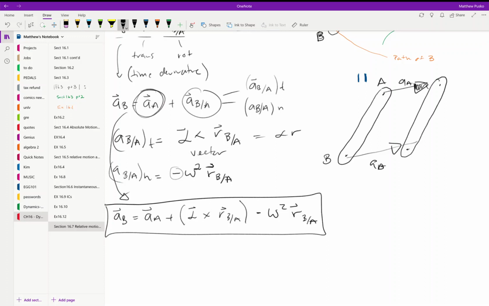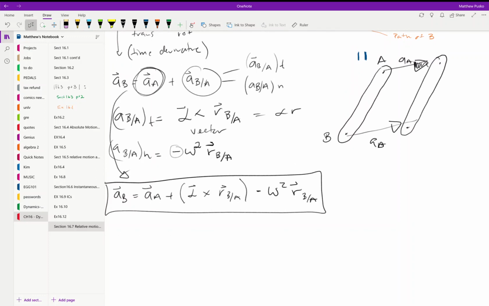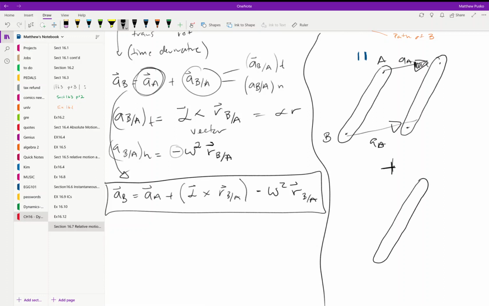To get the acceleration of B, we have to consider the rotational motion. So put a plus sign. The rotational motion: A is now our fixed point about which we have some omega and some alpha. A is translating, so we can call it fixed for the rotation.